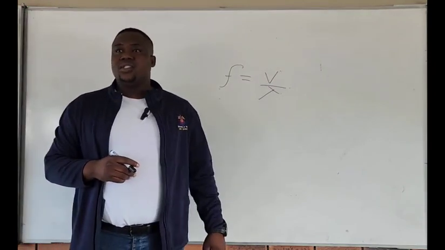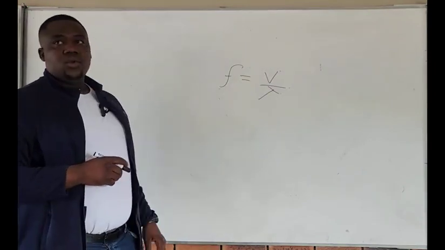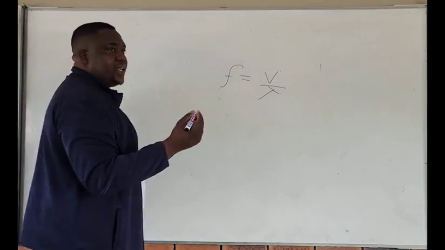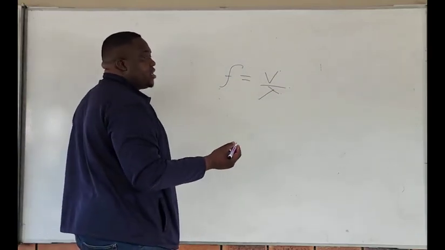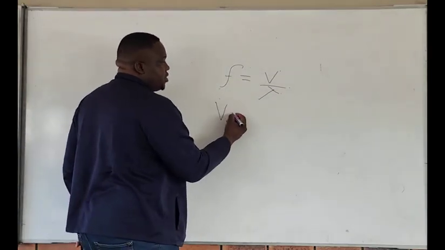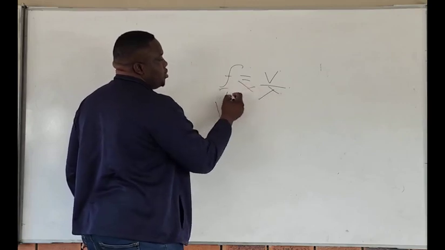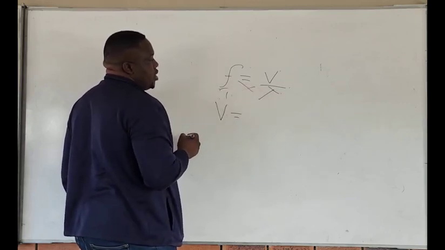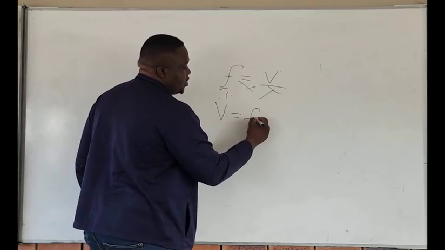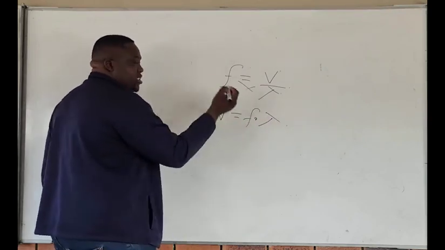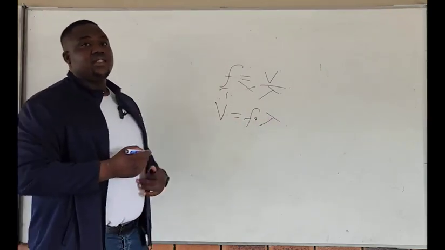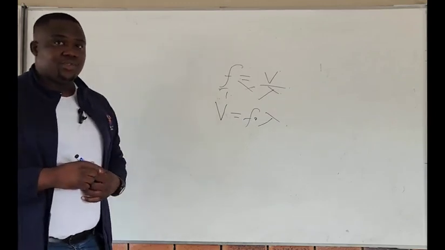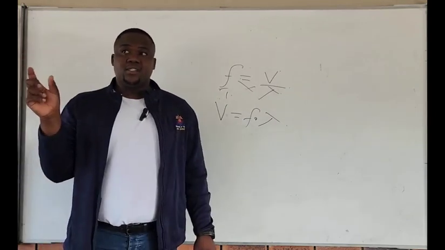I've come across a situation where learners are trying to calculate velocity. Velocity here is going to be equal to frequency multiplied by wavelength. We just change this formula. This formula is provided in the formula sheet. You need to take note of it.